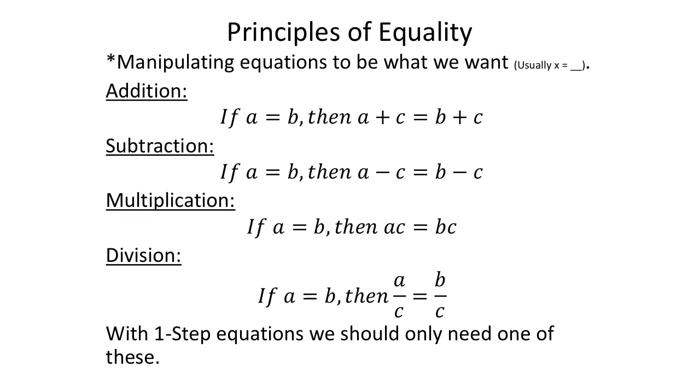So those last 4 examples lead us to what we call the principles of equality. And again, it's just manipulating the equations to be what we want, which is usually x equals some number. So see how these manipulate stuff, right? If a equals b, then if I were to add the same thing to both sides of the equal sign, then it doesn't change the equality of it.